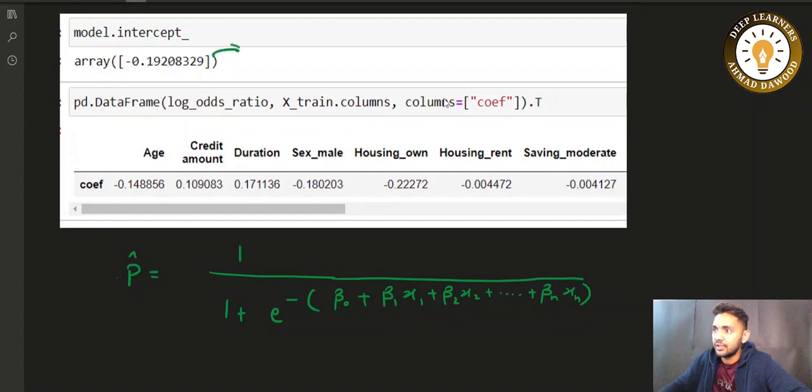You can say this is beta 0, and in this way this is beta 1, beta 2. These are the betas, these are actually the coefficients.